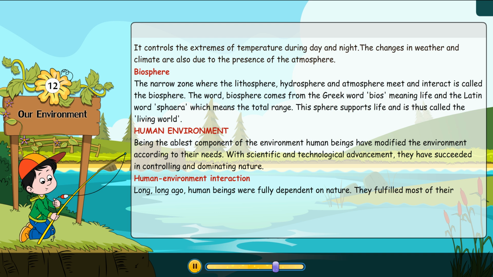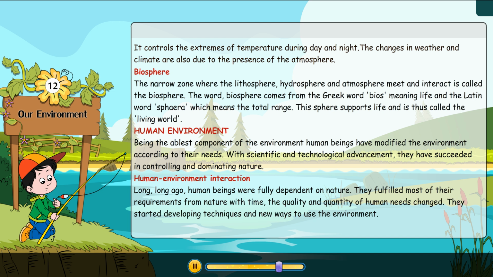Long ago, human beings were fully dependent on nature. They fulfilled most of their requirements from nature. With time, the quality and quantity of human needs changed. They started developing techniques and new ways to use the environment.